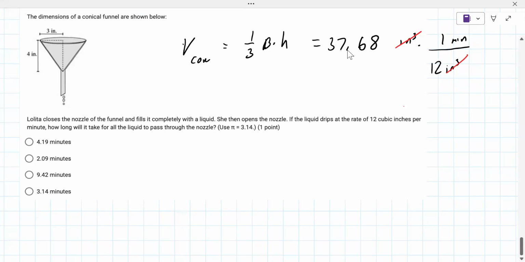So when you divide here, you're going to get how many minutes it will take. It's 37.68 divided by 12, 3.14 minutes. Right.